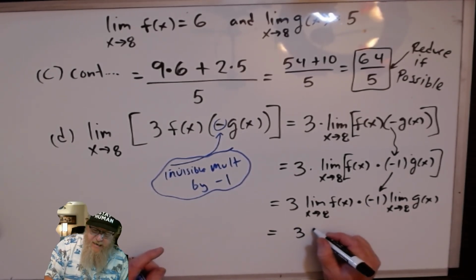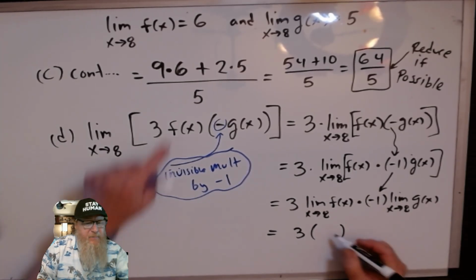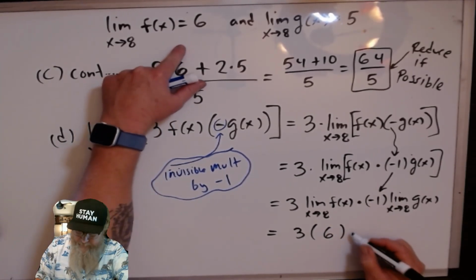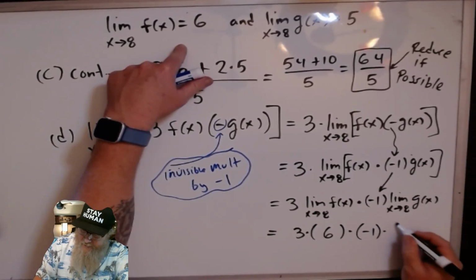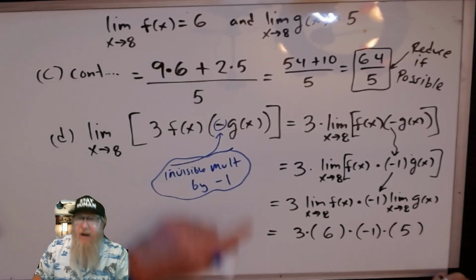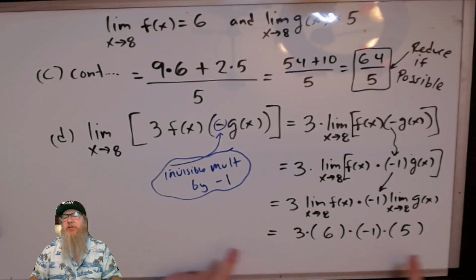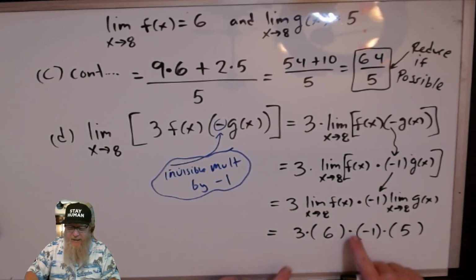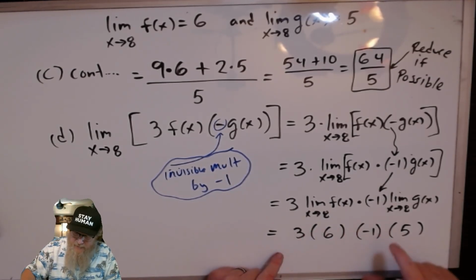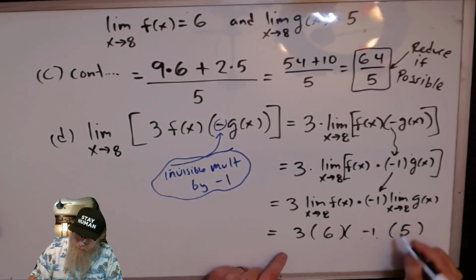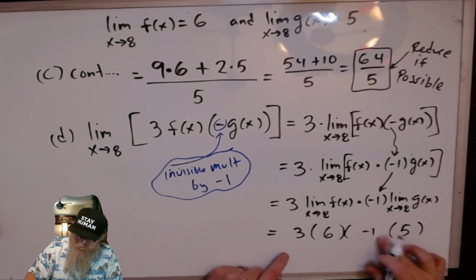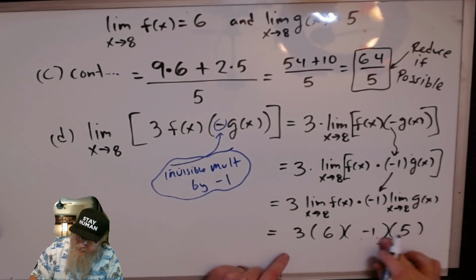This is 3 times 6 times, and you could put dots between everybody if you wanted to, times 5. Just to make sure that you don't accidentally subtract. You don't really need the dots. If you don't use dots, you should probably butt the parentheses up against each other so that there's no gaps.